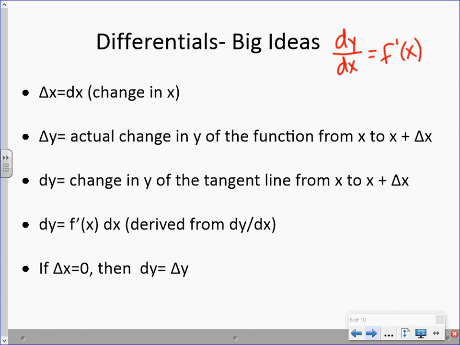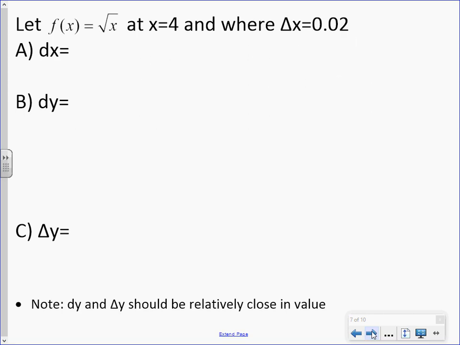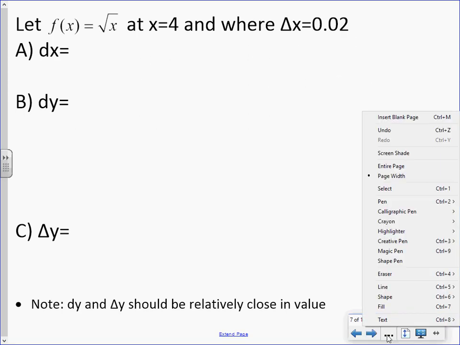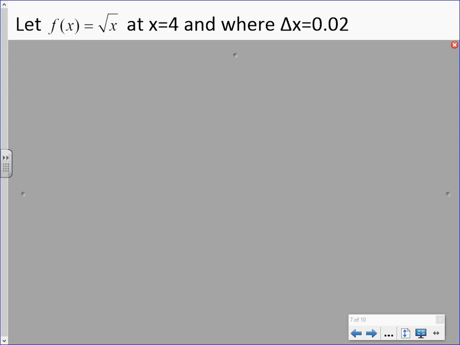All right. So we are going to do basically the same example that we did with our tangent line equation, but we're going to do it now with this differential thing. Let f of x be square root of x, at x equals 4, and our change in x is 0.02.